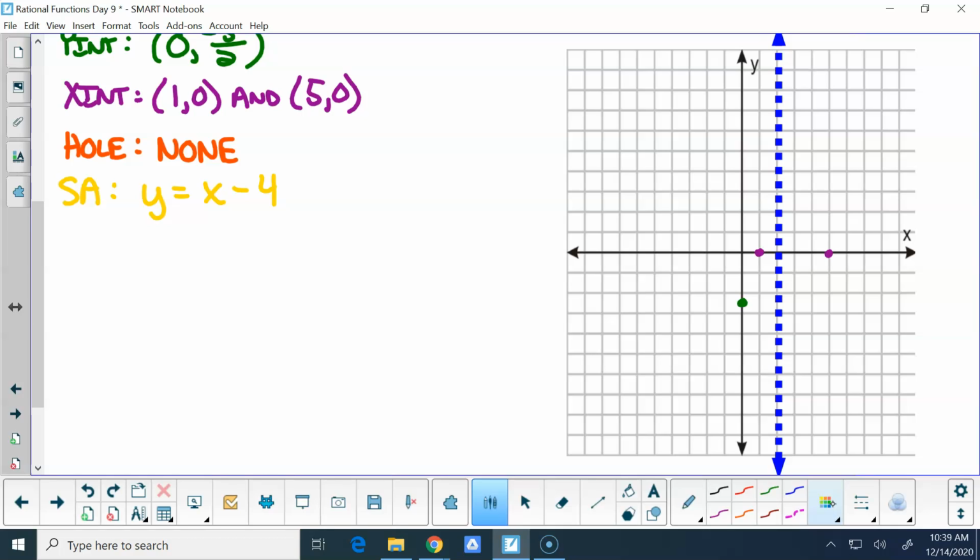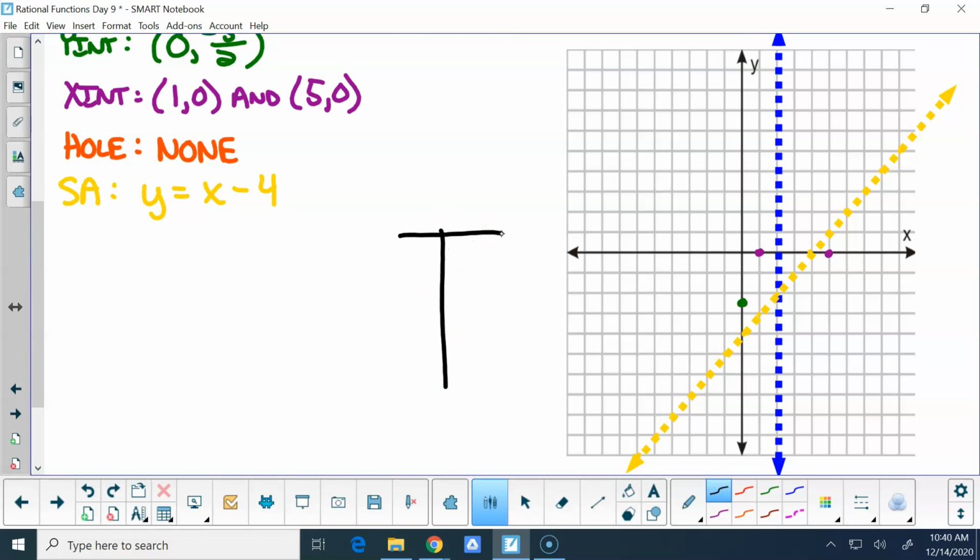Up 1, 2, 3, 4, and then 1. Slant. Add in a couple of extra points here.